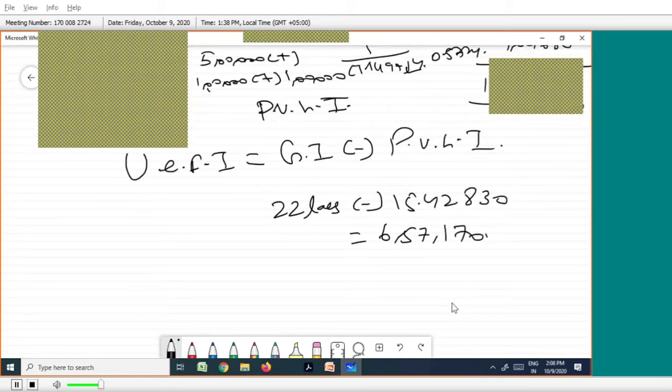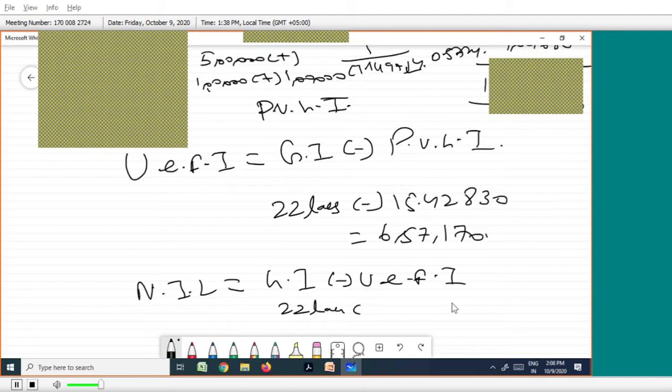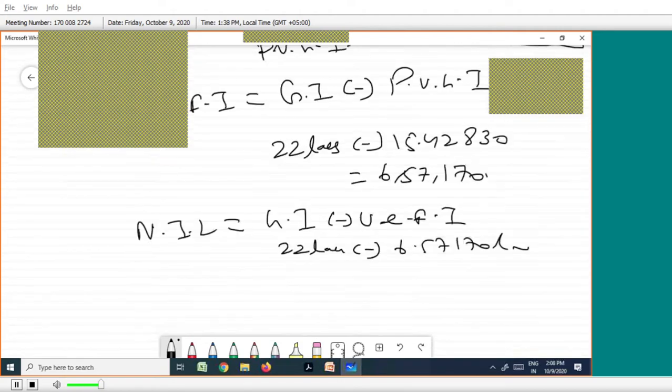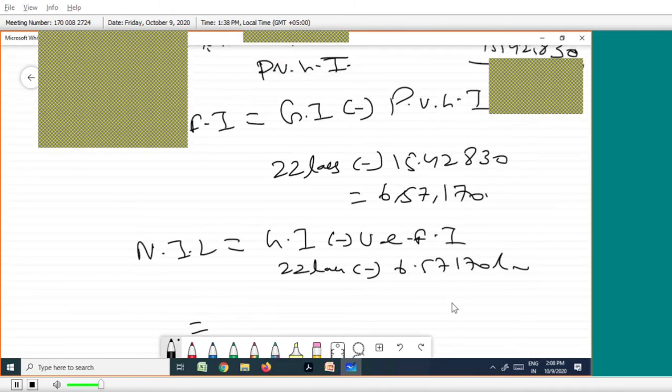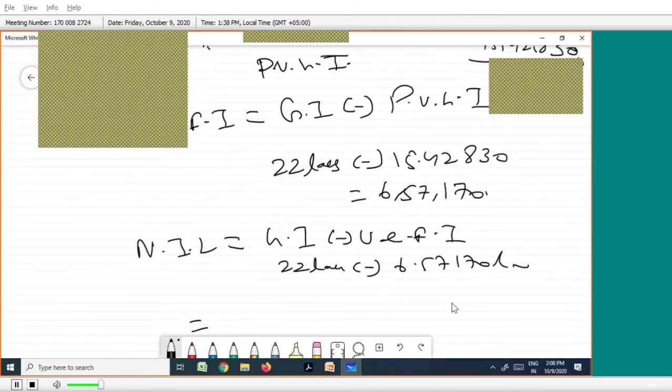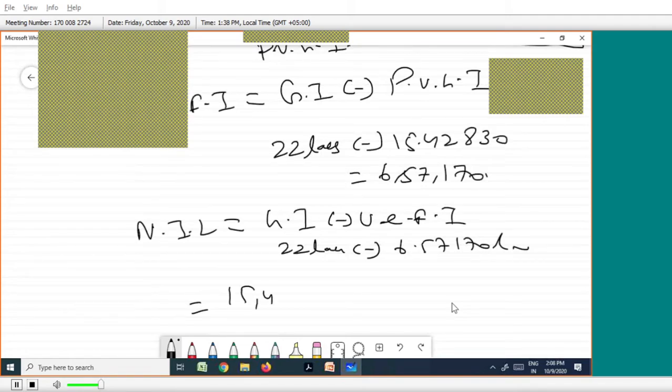What is the next step? Net investment in lease equal to gross investment in lease minus unearned finance income. Again same thing, 22 lakhs minus 6.57170 lakhs equal to 15 lakh 42,830.